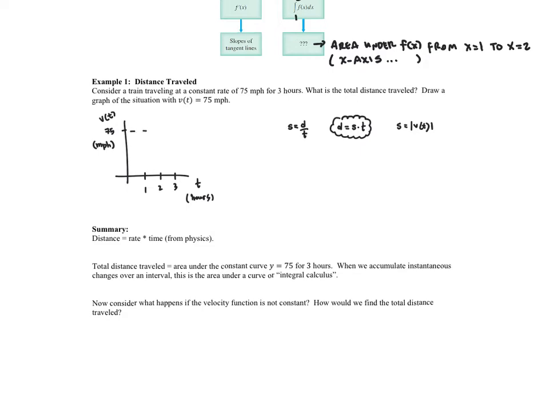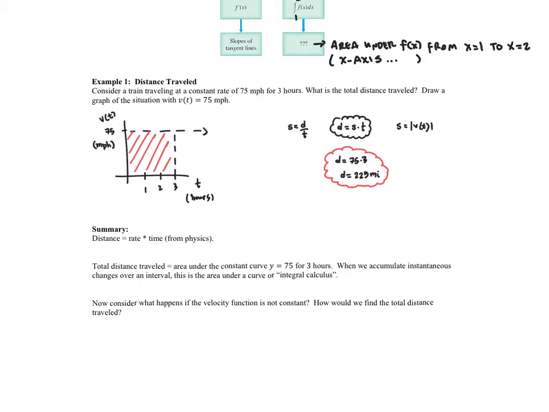Assuming the speed is constant and we travel for a total of 3 hours, speed times time gives a distance of 75 times 3. That distance represents the area underneath the curve, trapped between the t-axis and the function v of t.